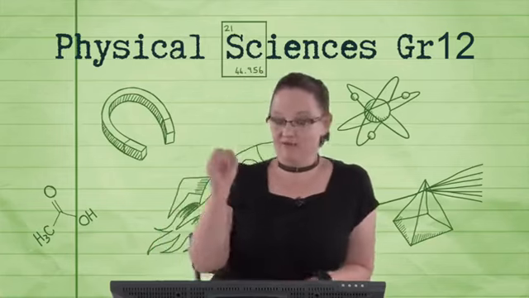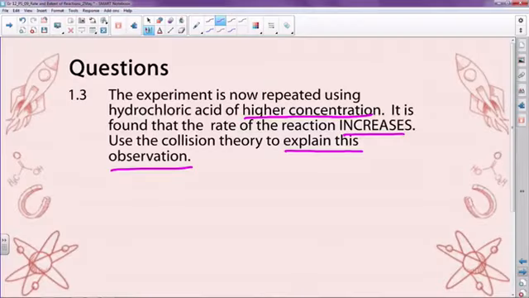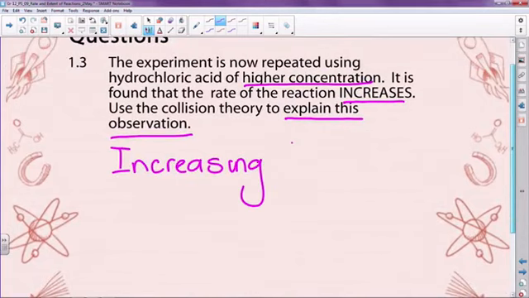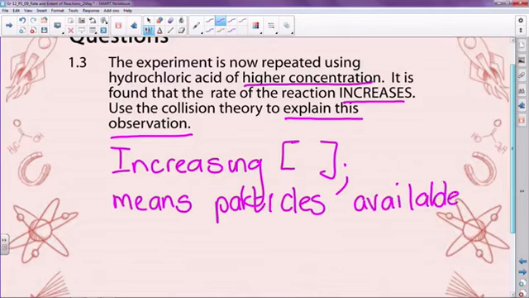So let's see how we did. Now remember, we increasing concentration. So now what that means for us is, how do we explain it? Well, increasing the concentration, and I'm going to use square brackets for concentration, means more particles, more molecules, that's also the same, more particles available for bonding.